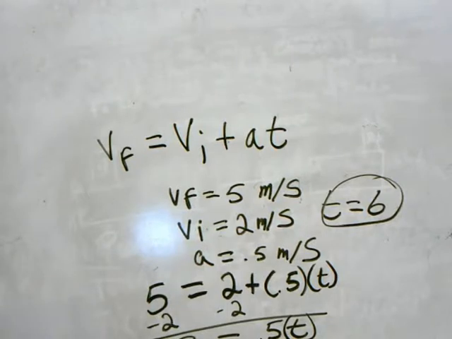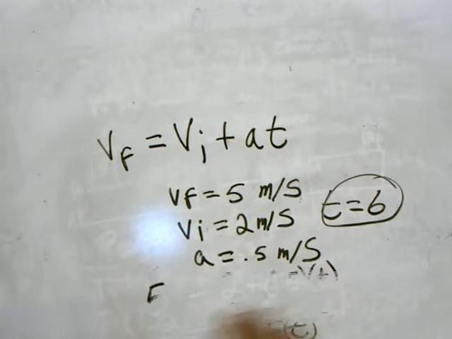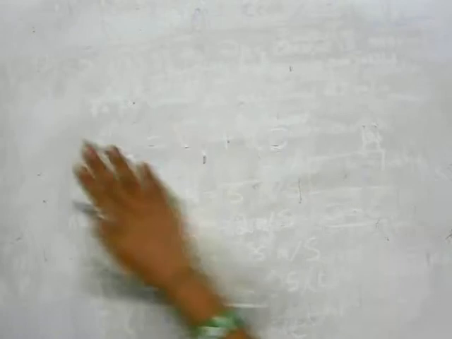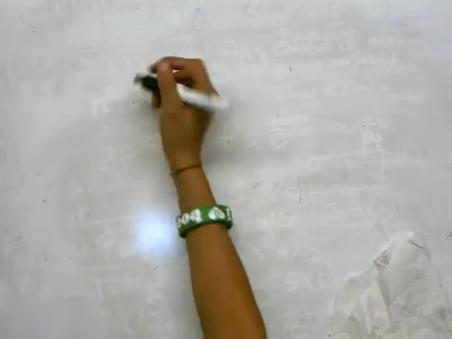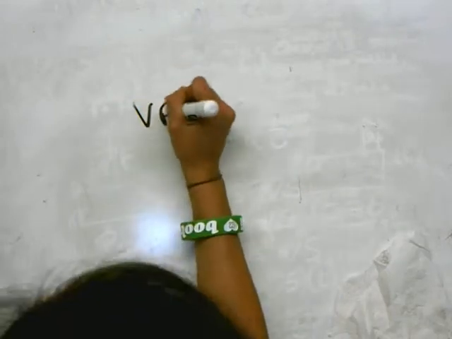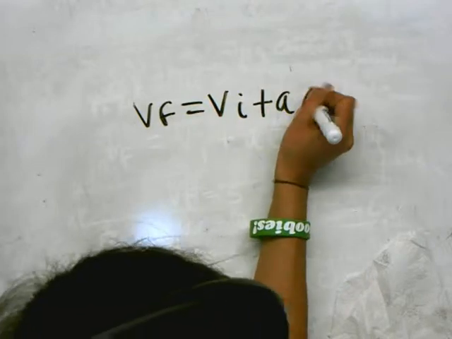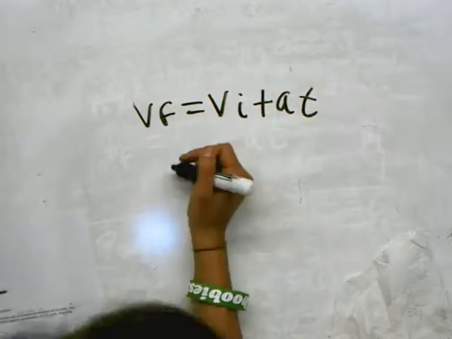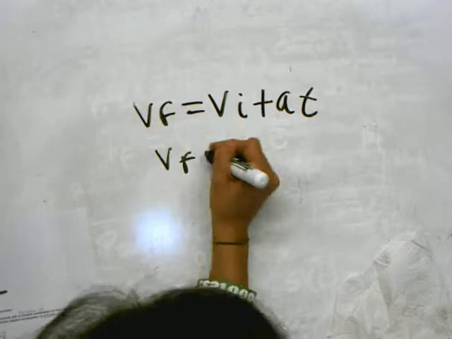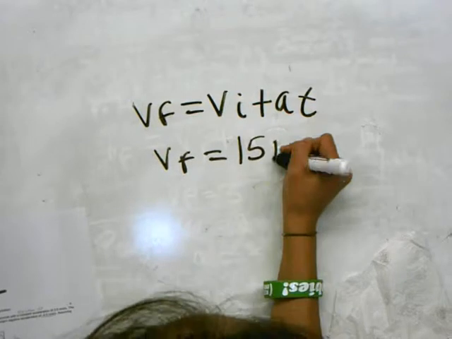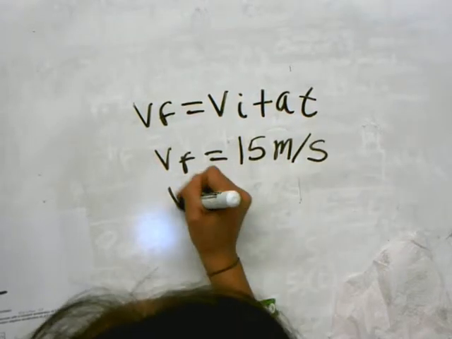Then we would come to V final equals V initial plus acceleration times time. Let's say the V final is 15 meters per second, V initial is 0 meters per second, and the acceleration is 0.5 meters per second squared.